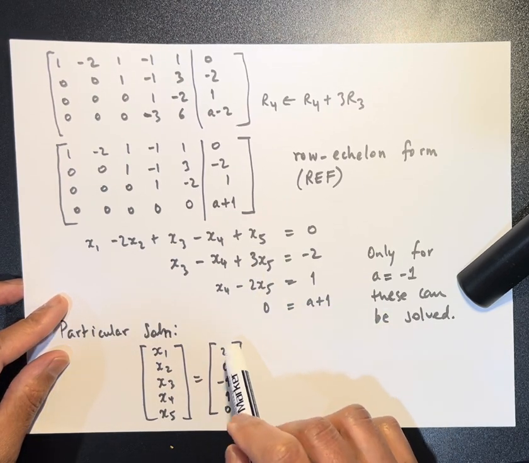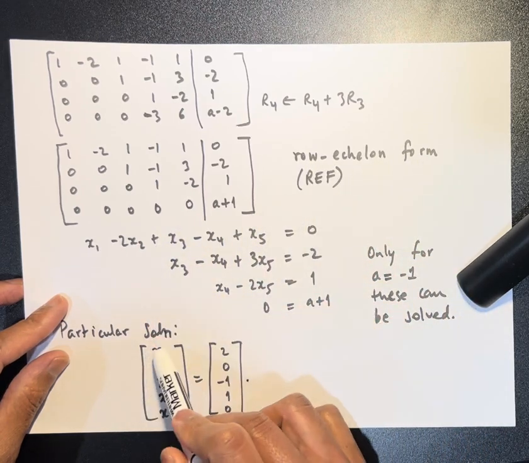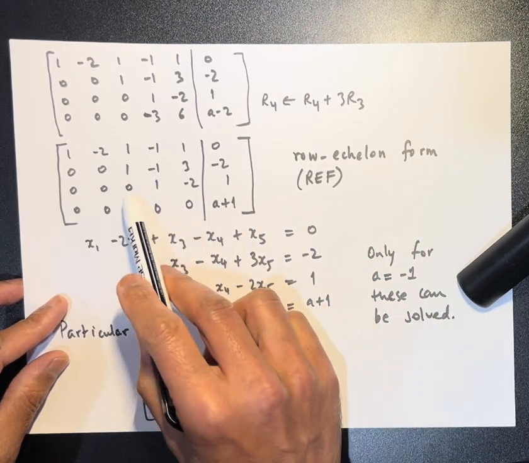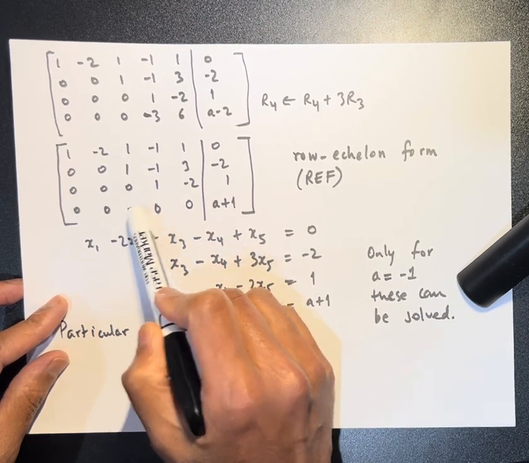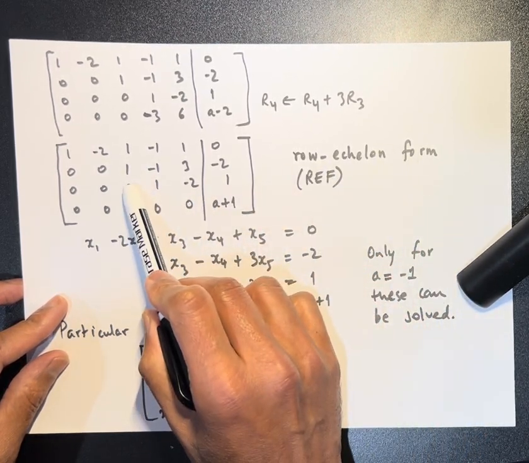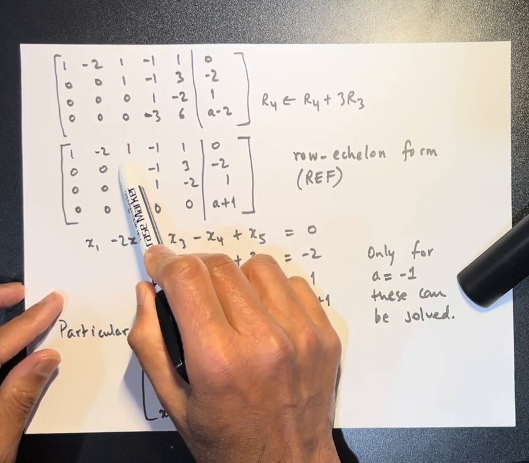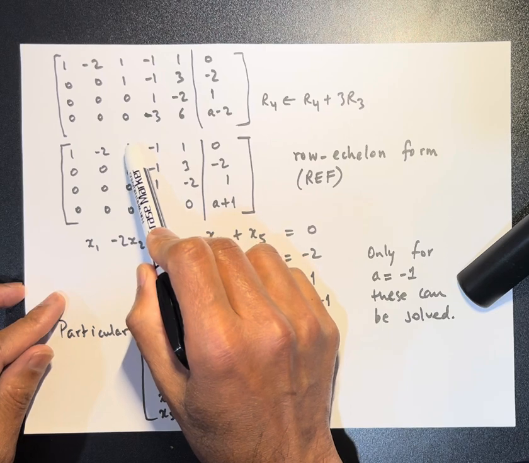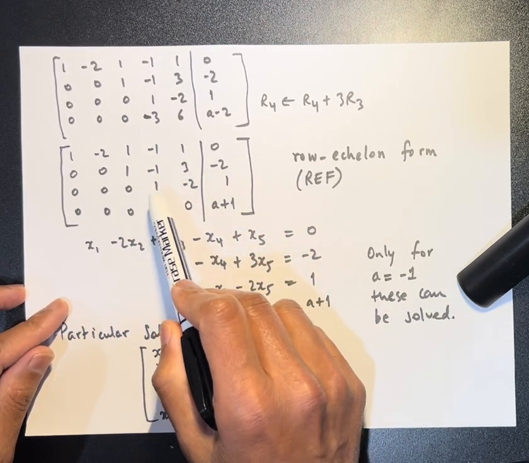So a couple more steps need to be done to this row echelon form before we can write this particular solution. The idea is, we got 1 here and 0 0, row echelon form is nice, but I don't want this one also, because I want this one to be the only non-zero element in this column. Then it's closer to the identity matrix.